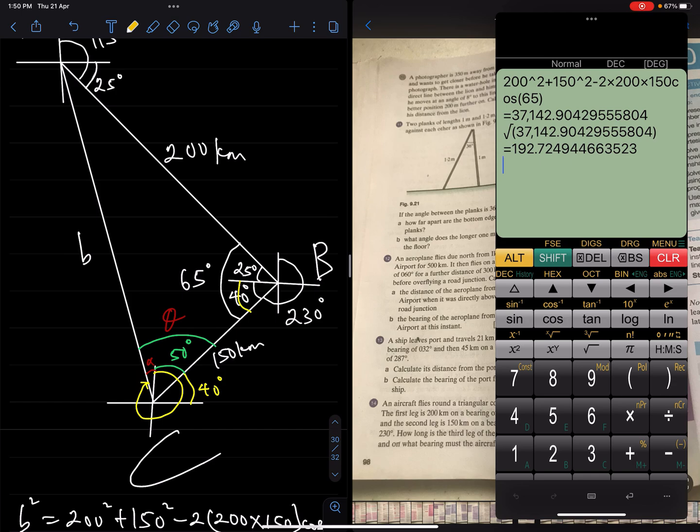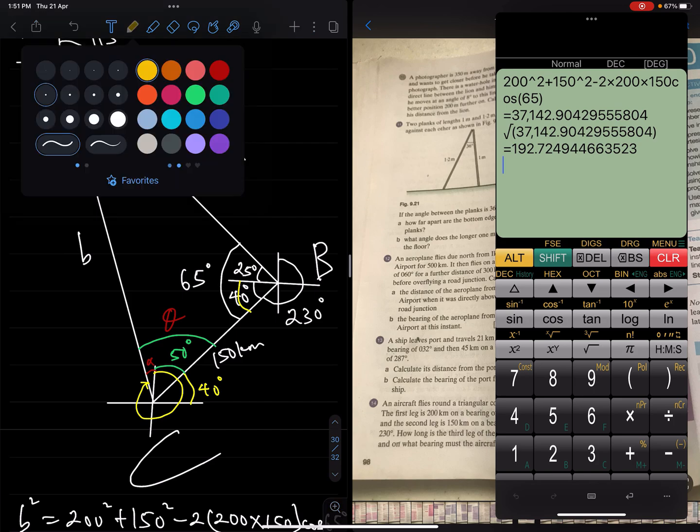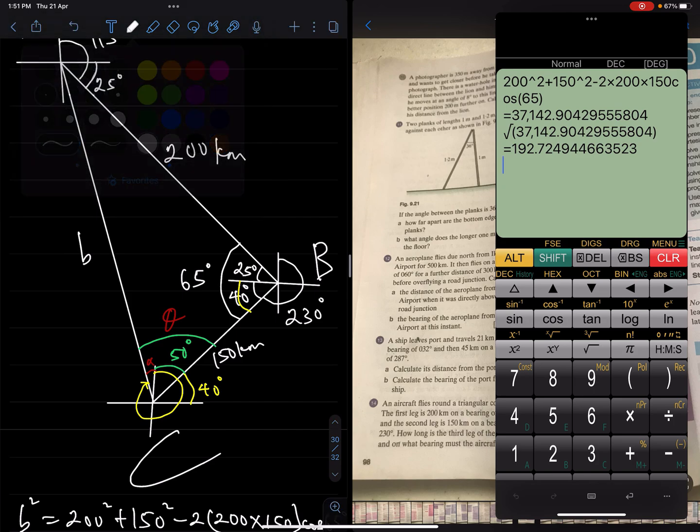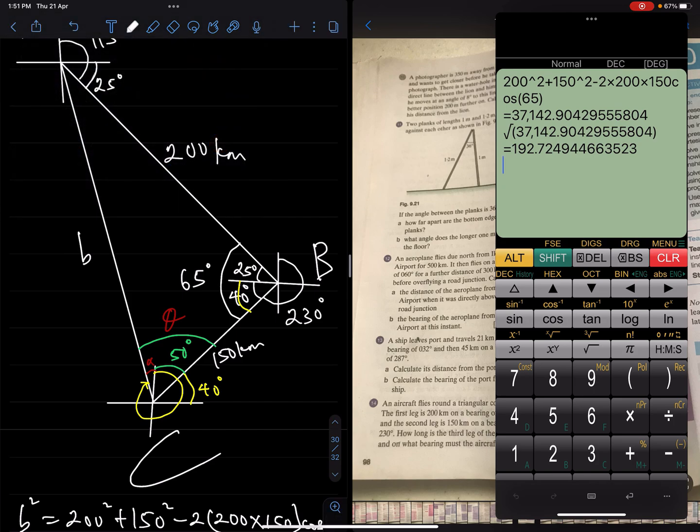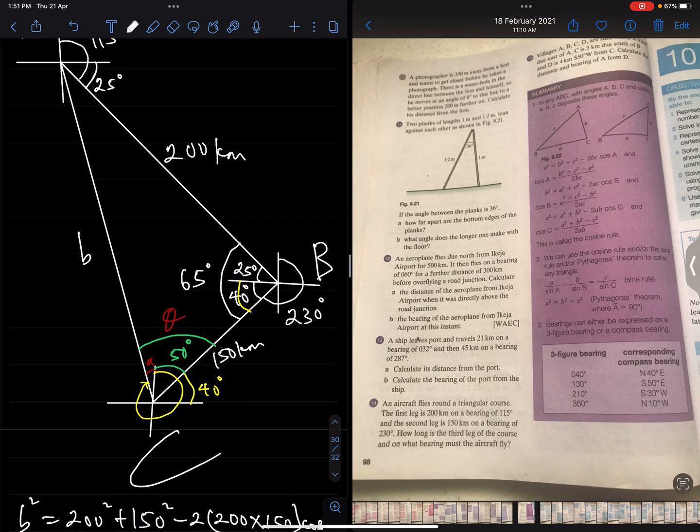So that's 360, which is the whole of this, minus alpha. Yes, 360 minus alpha. That's what will give me the bearing on which the aircraft must fly to travel the third leg.